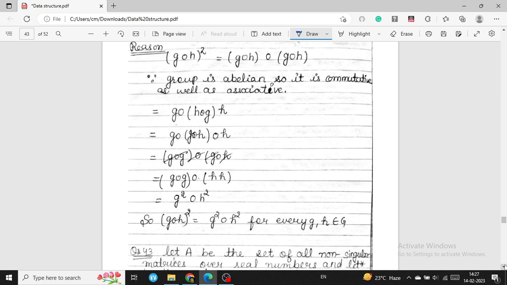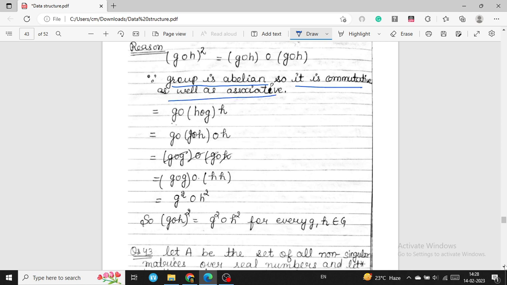Why is this the answer? Because (G o H) whole square is equal to G o H two times written. Because the group is abelian, it is commutative as well as associative.